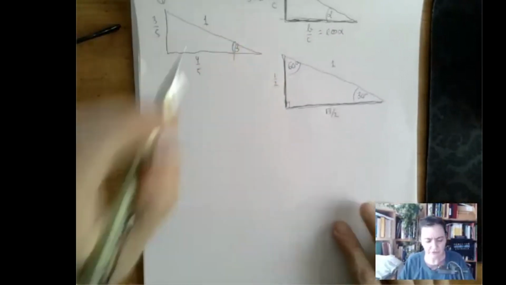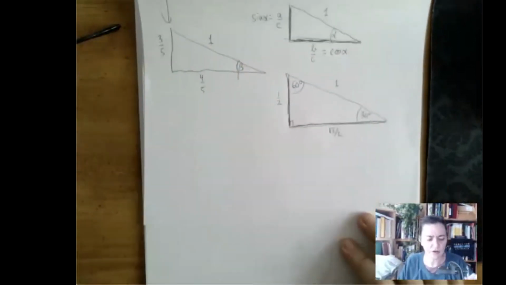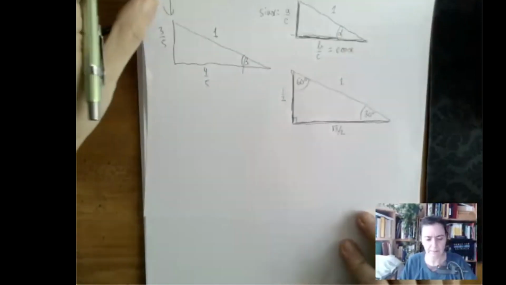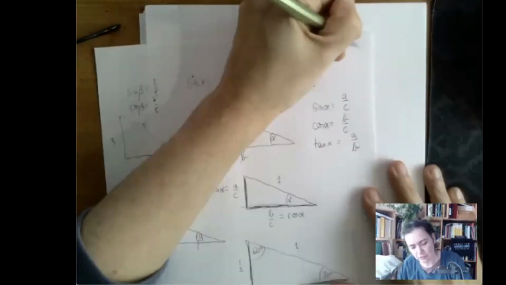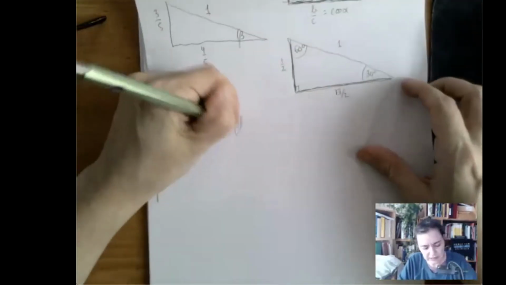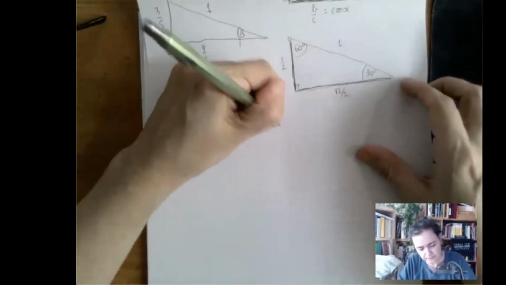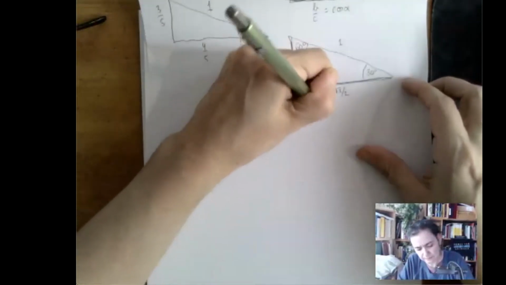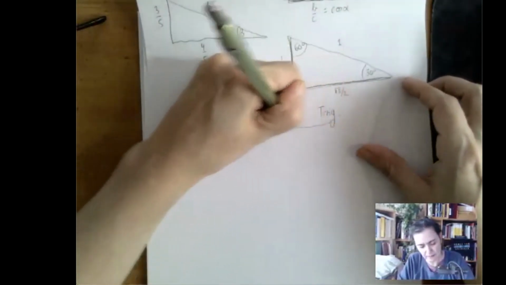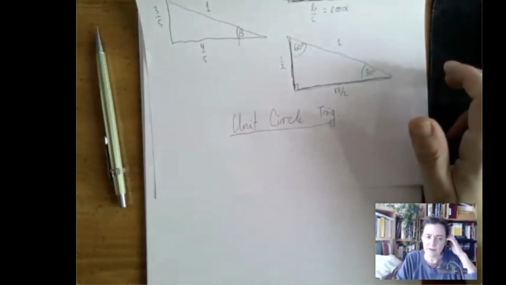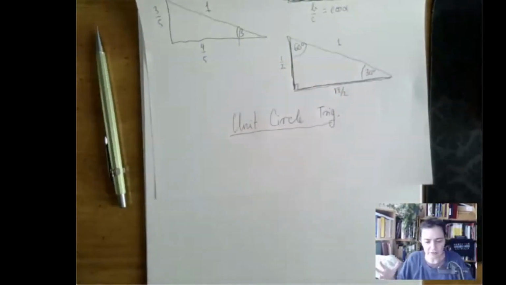So that was the first step: scale them down to hypotenuse 1. And then the second part of the trigonometry is called unit circle trigonometry. Whenever we are enlarging our world in mathematics, we want to preserve the math we already have.